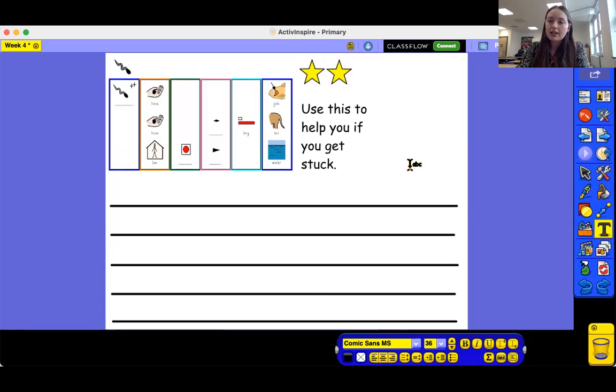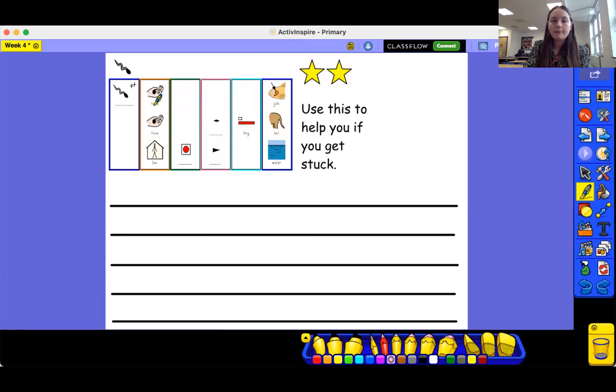Use the 2-star challenge to help you if you get stuck. So that's if you normally do the 3-star challenge or the 2-star challenge. You need to use that if you get stuck. You're going to use the word frame to help you. Tadpoles have gills. They all match up with the ones that are on the same line as them.